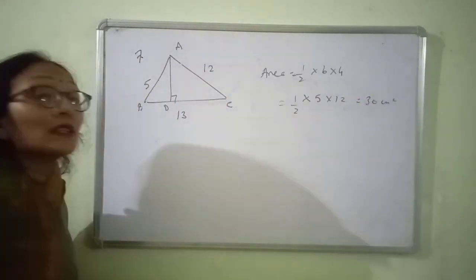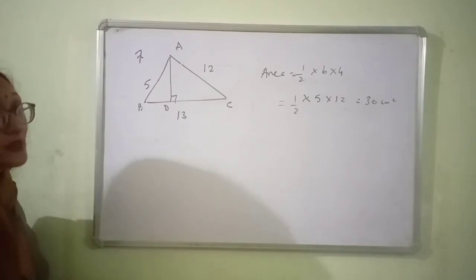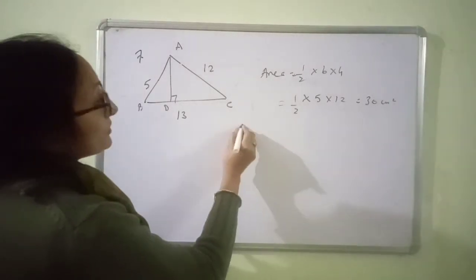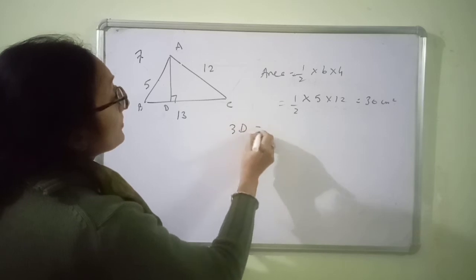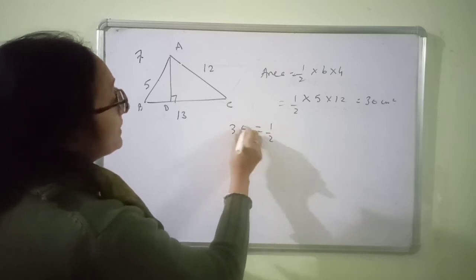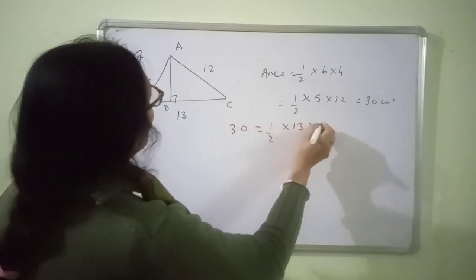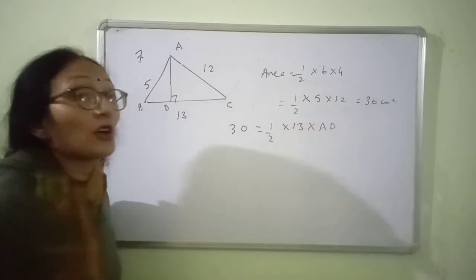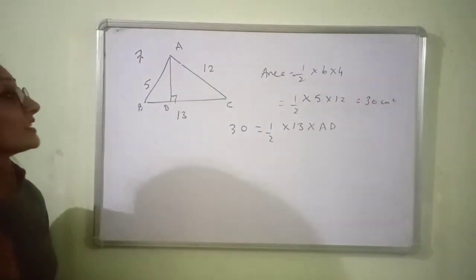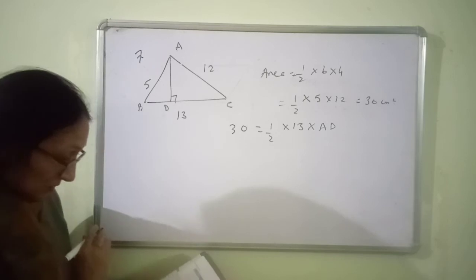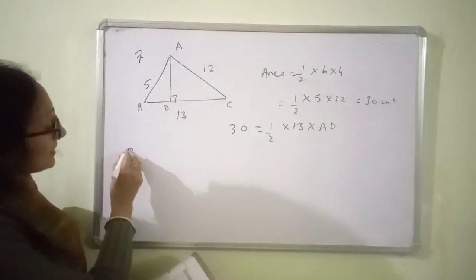Now they asked to find the length of AD, that means the height of the triangle. Here we will assume base is 13 and height is AD. So are you able to find the AD? Yes.